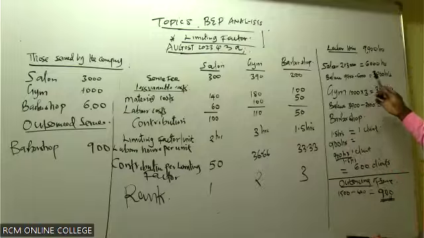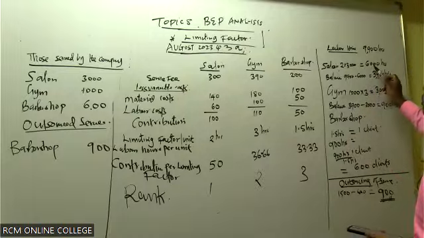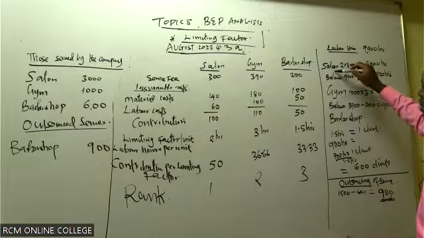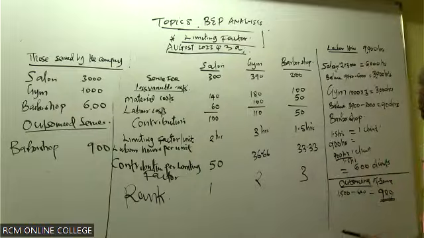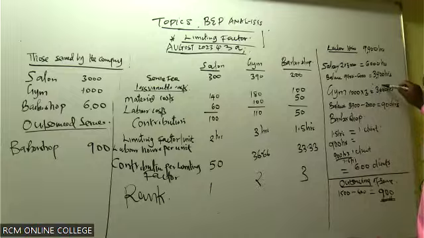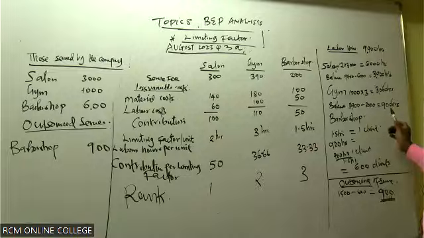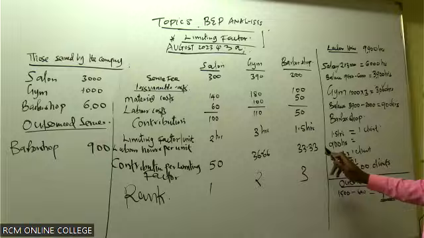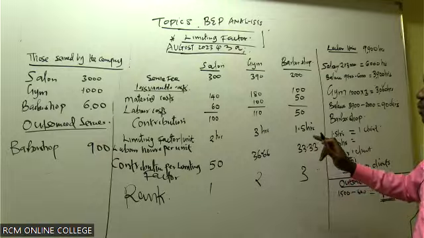So I'll just come here and say, salon, 6,000, all of them will be served because I've done ranking. Then I go to gym, I have a balance of 3,900, but gym needs 3,000. So all of them will be served. The balance of 900 cannot serve 1,500 clients in the barber shop.